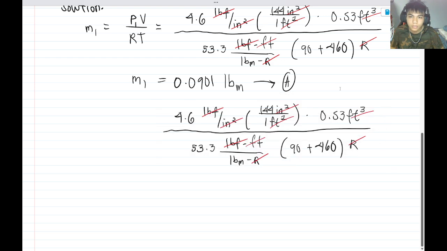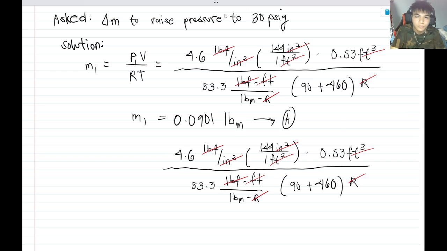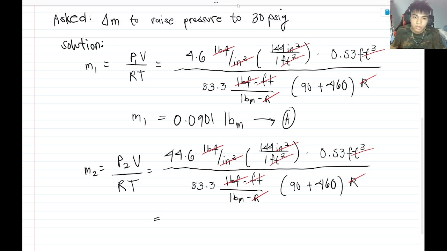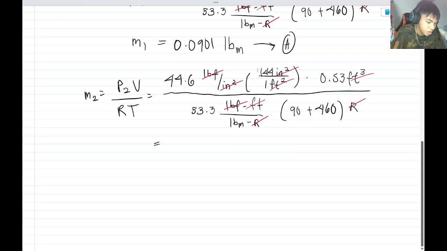Like that. Okay? So, mass 2 still. This is P2 V RT. This is 44. And you'll end up with 0.1161 pound mass. Start natin kay B.